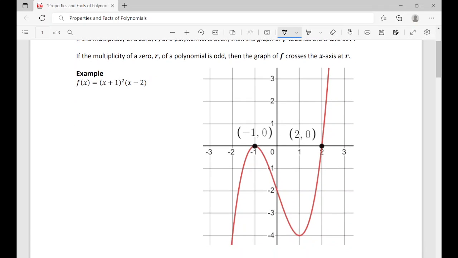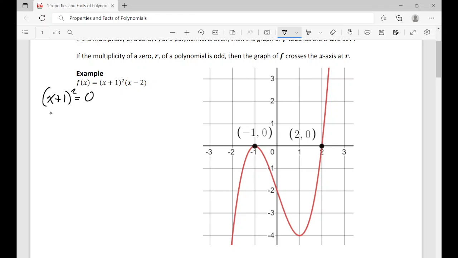So here we have the polynomial (x plus 1) all squared times (x minus 2), and this is the graph of said polynomial. If we look at (x plus 1) squared, and we want to find the 0 of this part of the factored form, we just set it equal to 0 and solve.